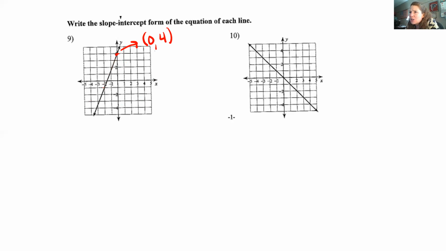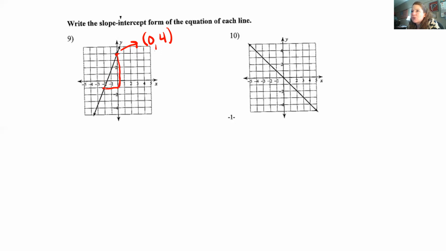So this exact coordinate is -2, -1, right there. You wouldn't use this point because I don't know exactly what x is. I know that y is 0, but I don't know exactly what x is. It'd be between -1 and -2. So I'm going to use this point. I'm going to draw my right triangle and figure out what my rise and my run is.